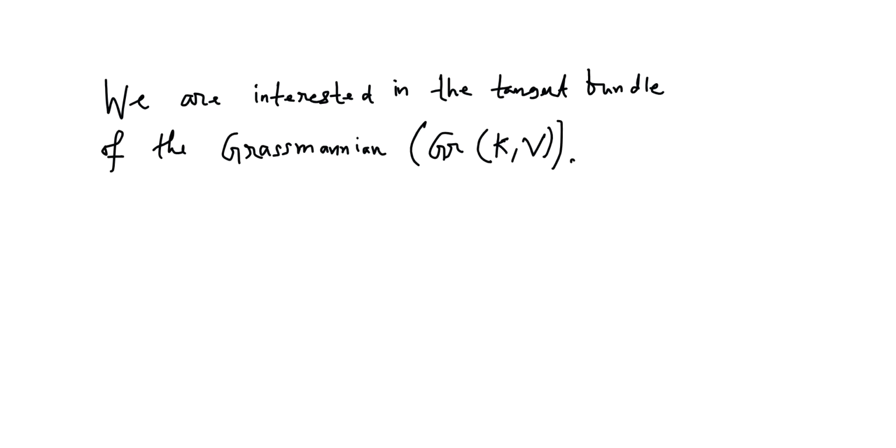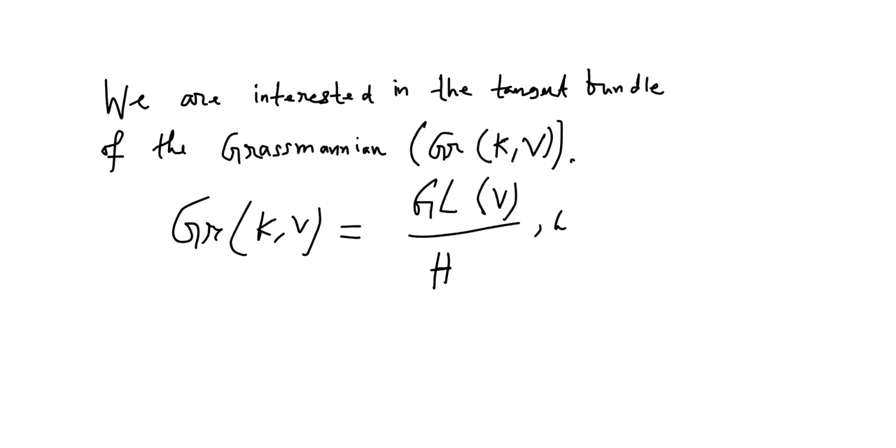This can be realized as the quotient of GL(V) by some closed subgroup. So it is a homogeneous space, that is the group GL(V) acts on this space transitively.